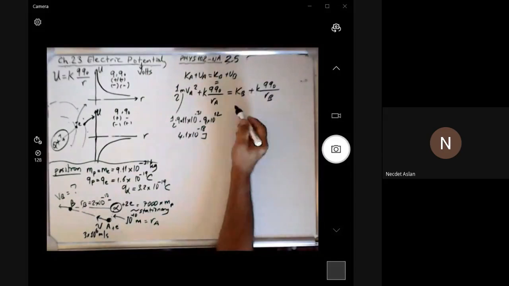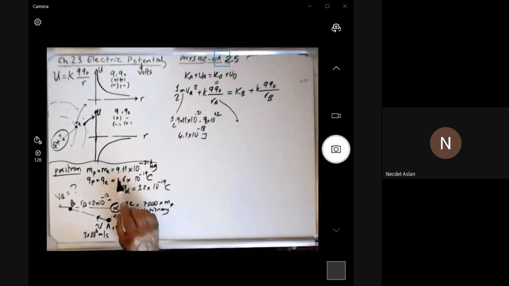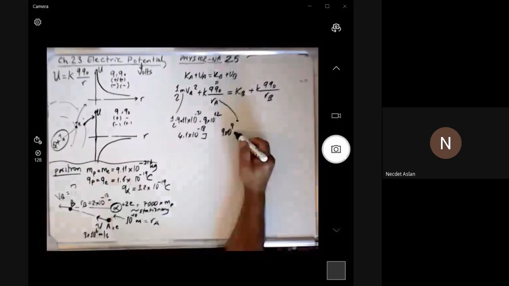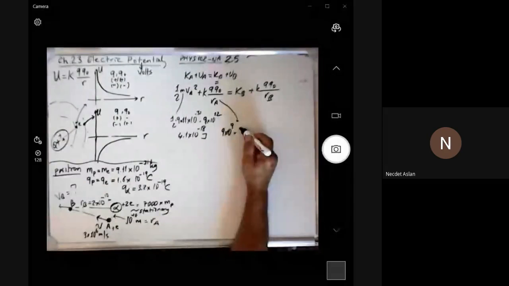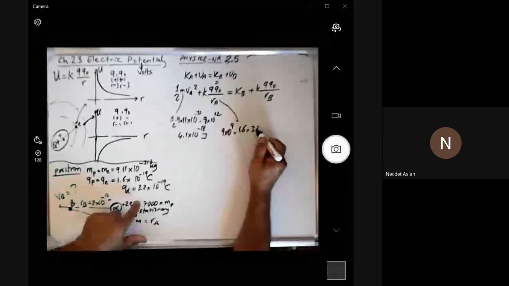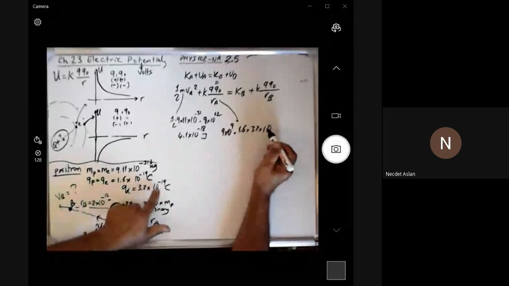Okay, good. So what about this? We can put these charges together, exactly the same charge, times the two charges, which is 1.6 and 3.2 times 10 to the minus 19, and 19 plus 19 is 38.